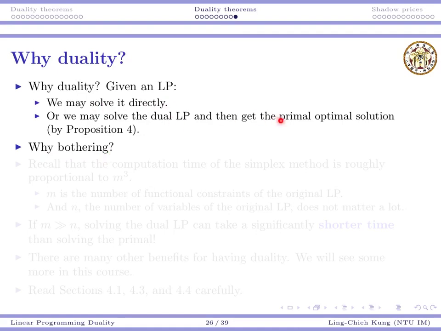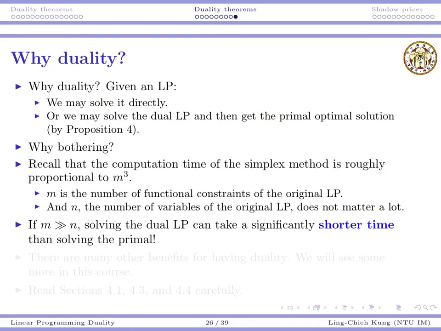Solving this and solving that, we are either solving one linear program. What's different here? We know that the computation time of the simplex method is roughly proportional to the cube of the number of functional constraints. And the number of variables does not matter a lot.